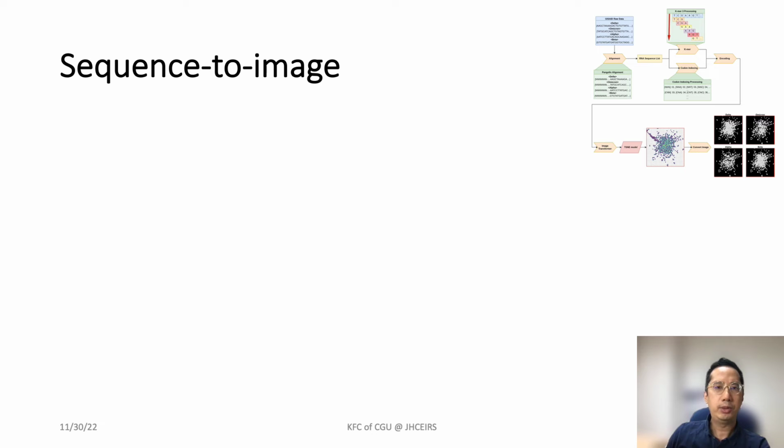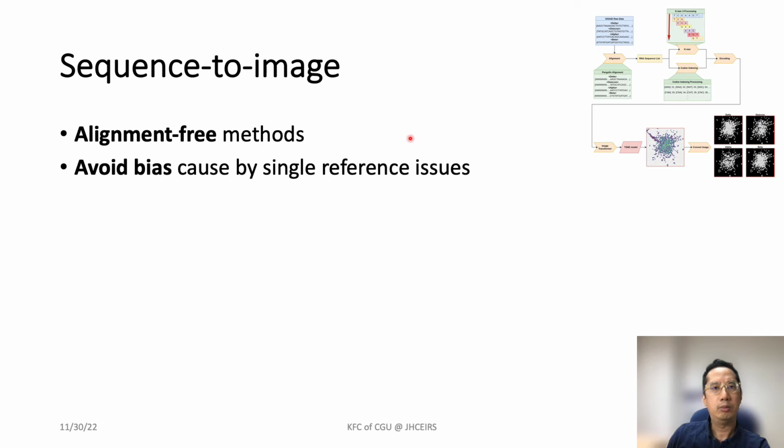So back to our procedure for the machine learning algorithm. In this study, we adopted a sequence-to-image method in order to take advantage of deep learning methods. This method can also avoid the alignment issue often caused by the reference sequence.